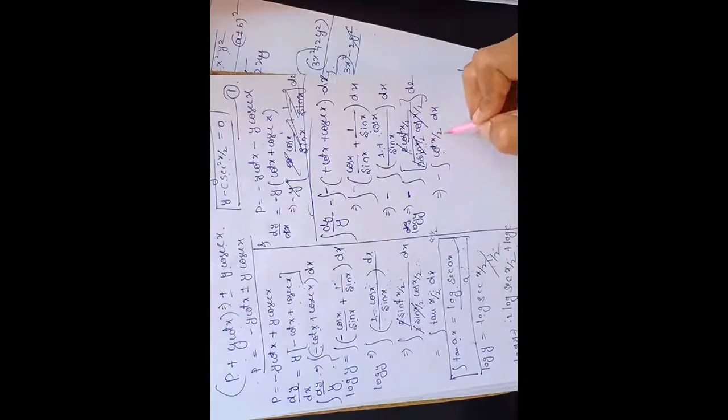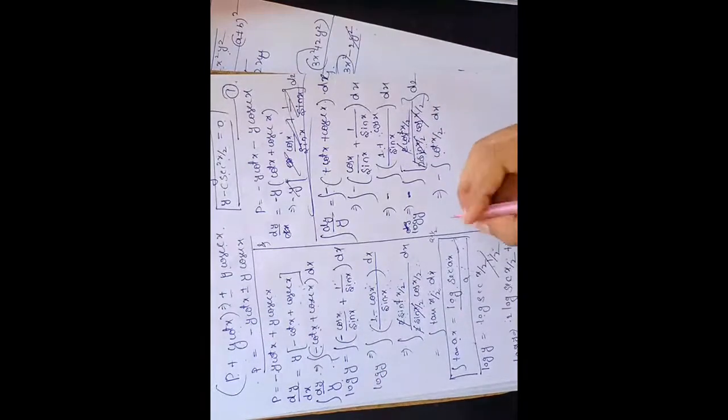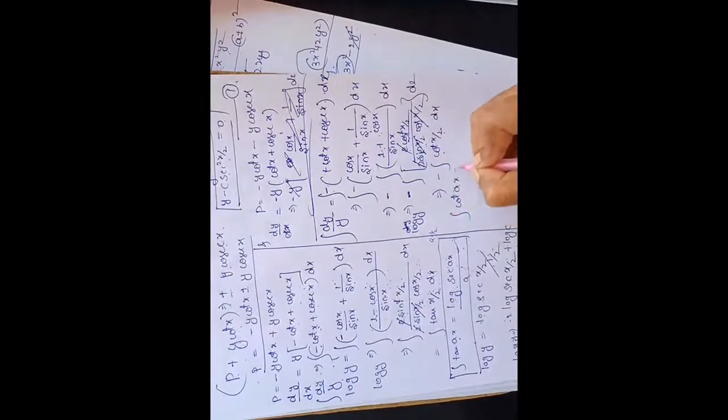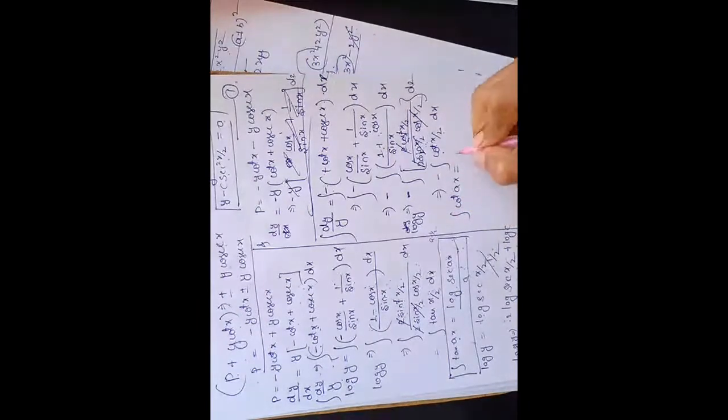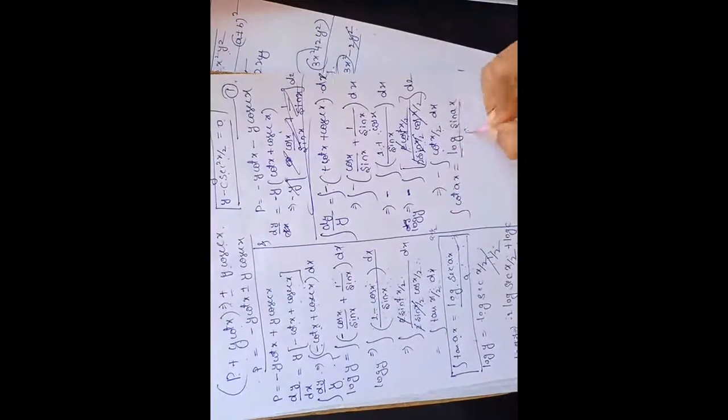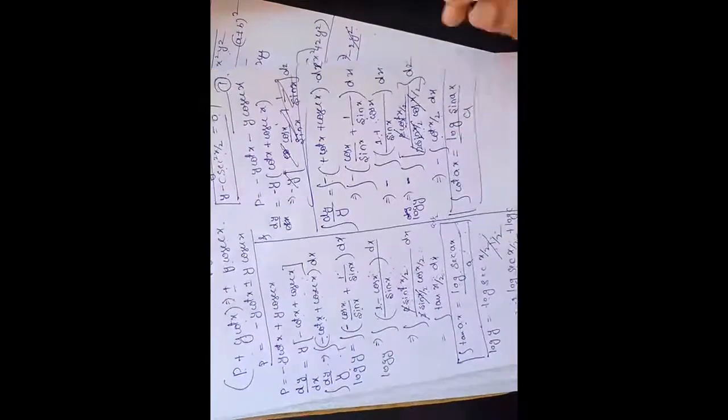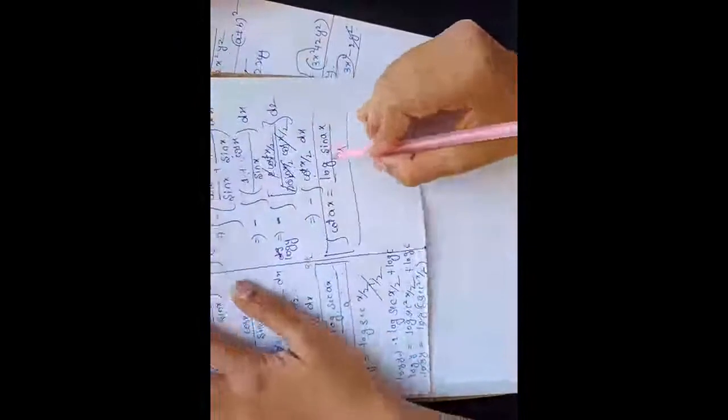Here, the integration of cot ax formula is log sin ax divided by a. This is an important formula. Integration of cot ax is equals to log sin ax divided by a.